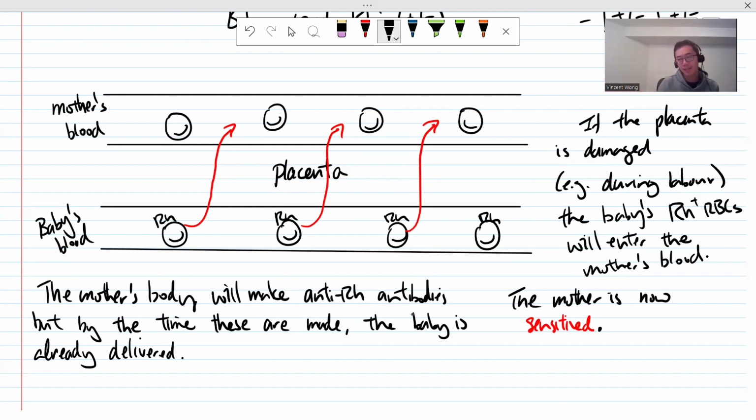Unless it happens prior to labor, during the pregnancy, then it's a different story. Let's keep it simple.